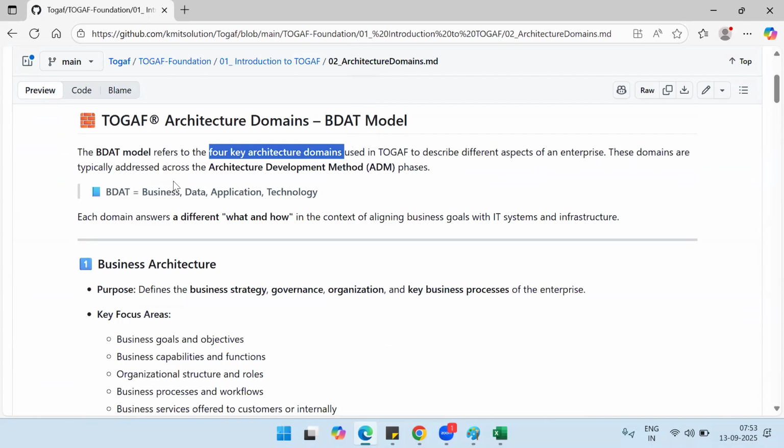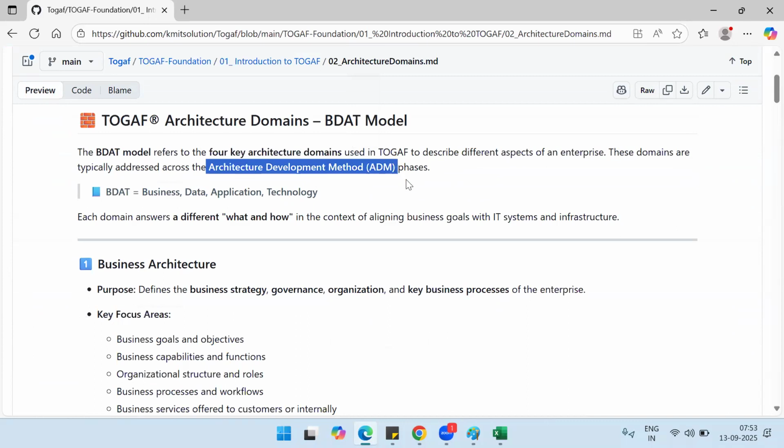These domains typically address across the architecture development model. So here ADM is different. Don't get confused between this ADM and the ADM role. Here in TOGAF, if you use the term ADM, that represents architecture development method. Okay. So these are the four which we have discussed.